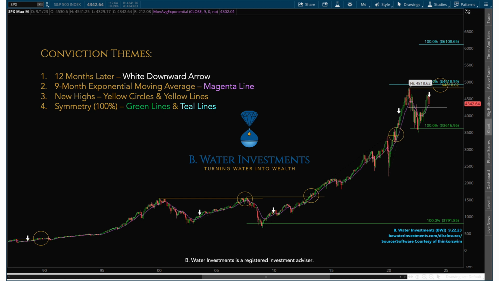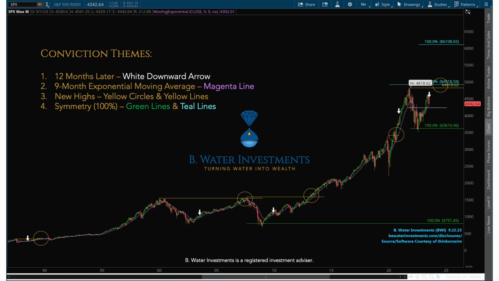So, in order to believe the conviction themes, let's review them so we all know exactly why you believe, why you're in what you're in, and what we expect to do about it. Number one, we are going to review what we call the white downward arrow.